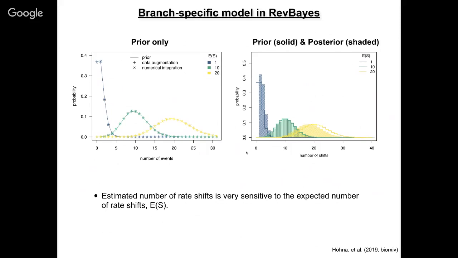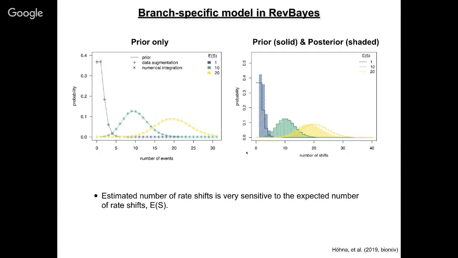But if we have a prior that has 20 rate shift events, it shifts much more to 20, although you can see that the posterior and the prior are deviating a little bit. So there's a little bit of information, but not much information. So the prior has a much stronger impact compared to the posterior.